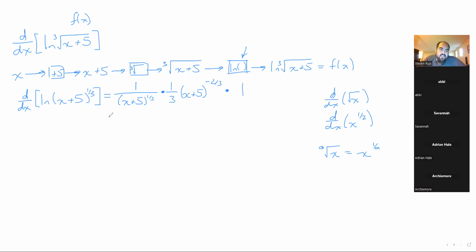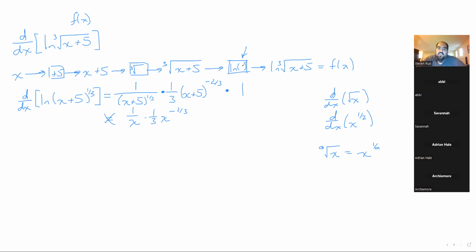For example, it might be tempting to say, all right, the derivative of natural log is 1 over x, so 1 over x. The derivative of the cube root is 1/3 times x to the negative 2/3. This is a problem because you're trying to do too many steps at once. When you do the chain rule, you need to be careful about what the inputs to your functions are.